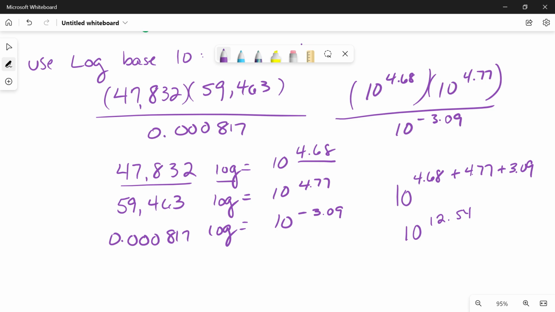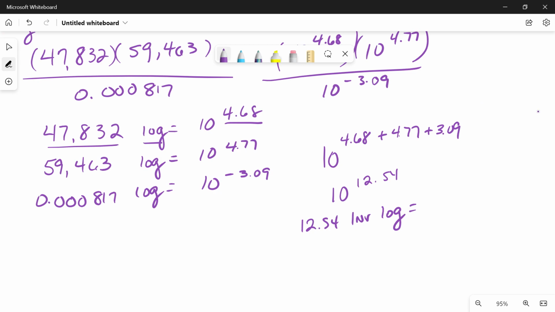You can just take 10 raised to the 12.54, or you can do the 12.54 inverse log, and that's going to give you an answer that looks something like 3.47 times 10 to the 12th, because it's a big old hunkin' number.